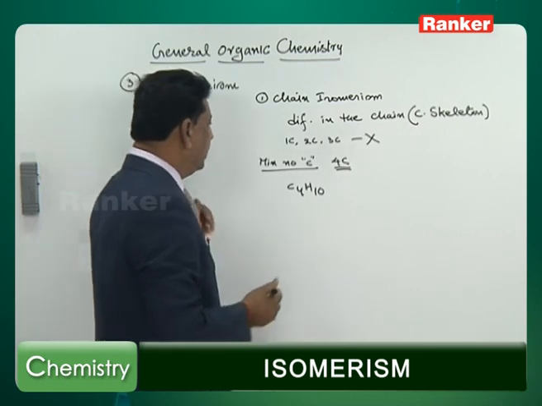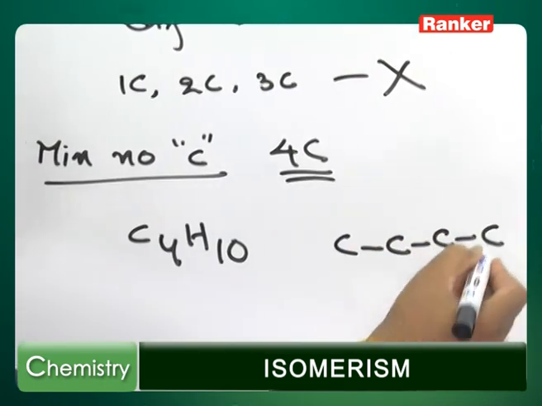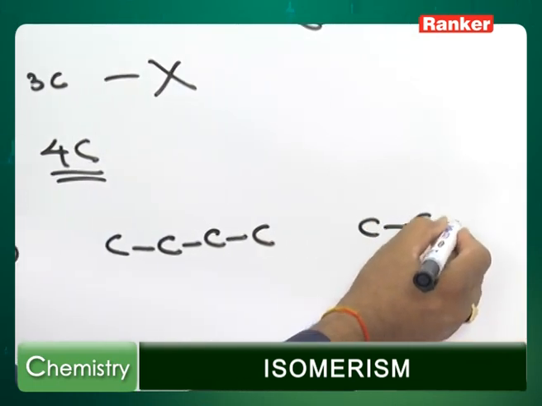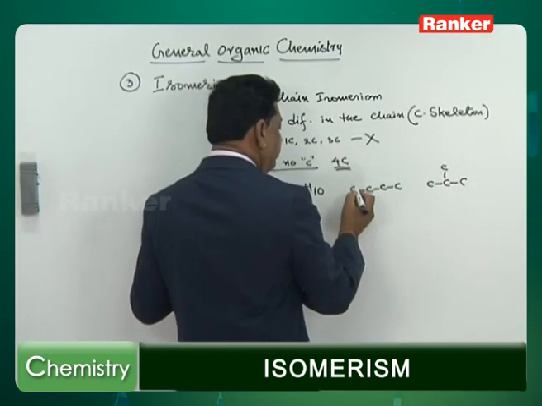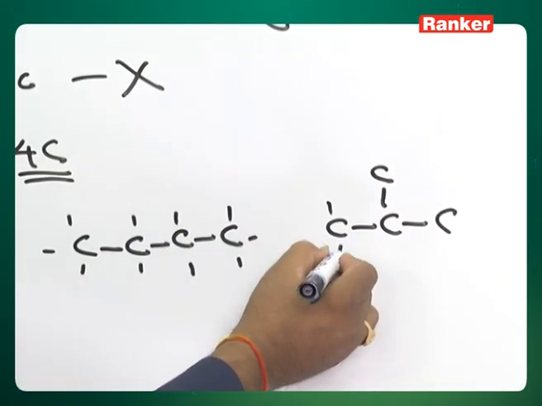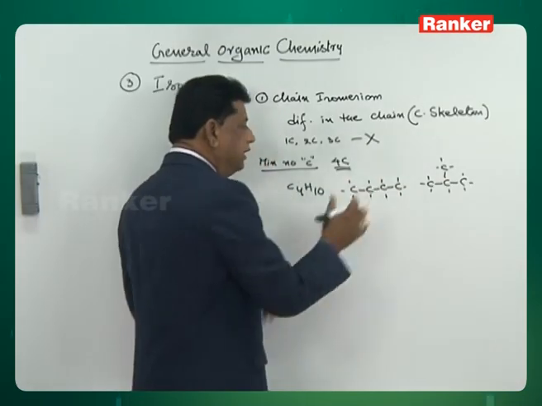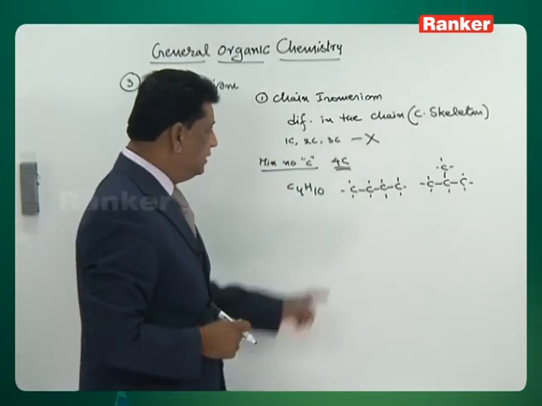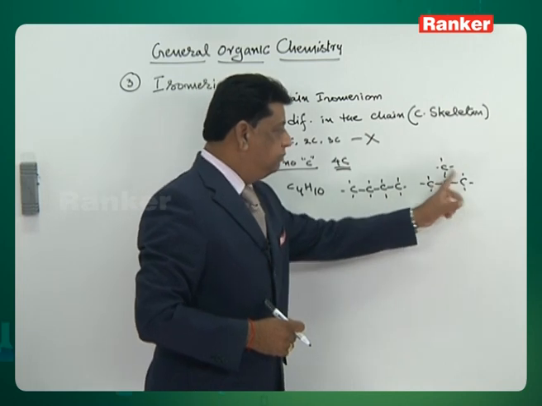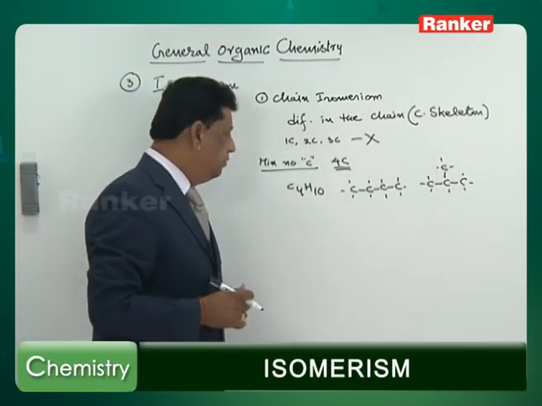So, with this you can write the chain isomerism. These 4 carbons can be in a straight line, or 3 can be in the straight form and 1 in the branched form. Both will have 10 hydrogens, that is not a problem, but the arrangement of the carbons, that is the basic skeleton, is straight in one and branched in the other. Skeleton differs means it is chain isomerism.